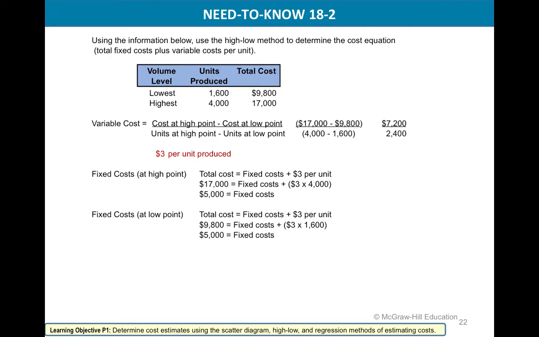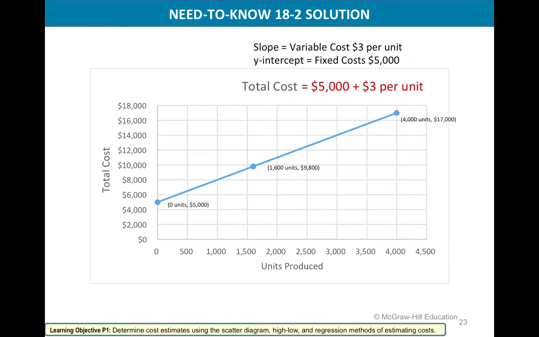If you notice, even at the high point and low point, it gives you the same amount of fixed costs. If you want to use a diagram or a graph here, that's fine. Again, we know it's $5,000 for fixed cost, plus each unit we produce will be $3 per unit.